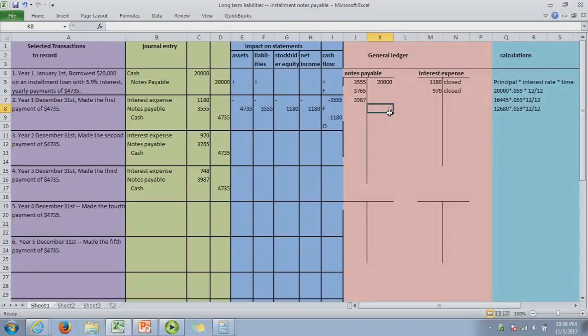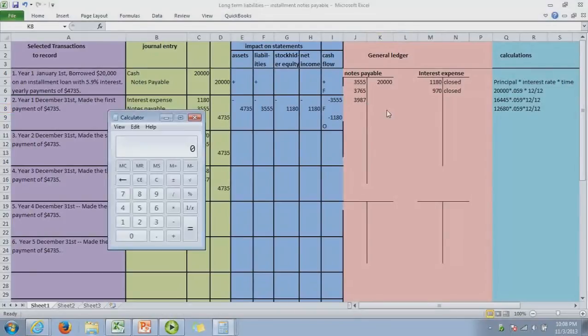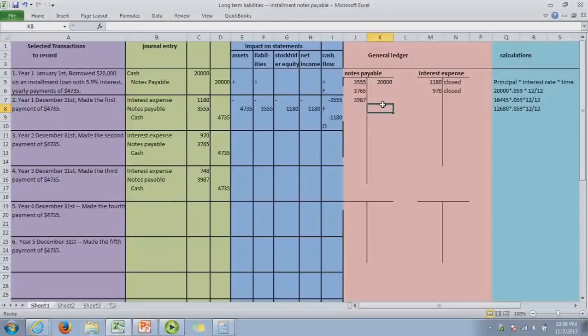I think I probably made a mistake. So we have 20,000. Do it a little slower, right? 3,555 minus 3,765 minus 3,987. 8693. Okay.